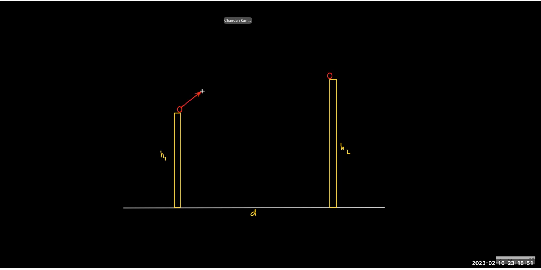One is thrown this way, other thrown this way. And they collide. Eventually they collide. So if they collide, then what is the relationship between H1, H2, D, U1, U2, theta 1, theta 2? To find a relationship between U1, U2, theta 1, theta 2, H1, H2, D.